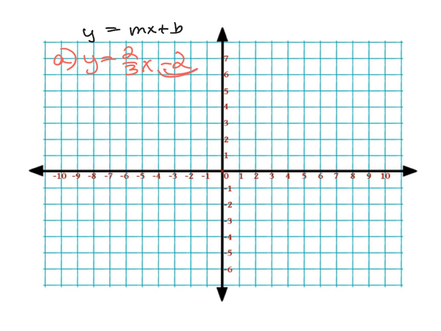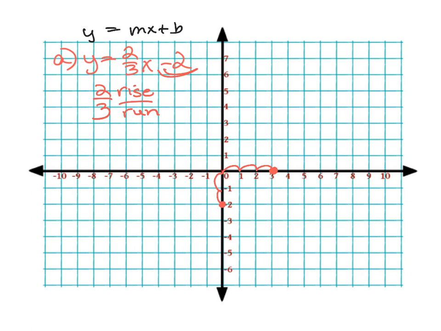It's where you start. And we're going to start on the y-axis at negative 2. From that negative 2, I'm going to move my slope. Remember, slope is rise over run. So from that negative 2, I'm going to move up 2 spaces, 1, 2, and I'm going to run 3 spaces to the right. And my next point will be right there.